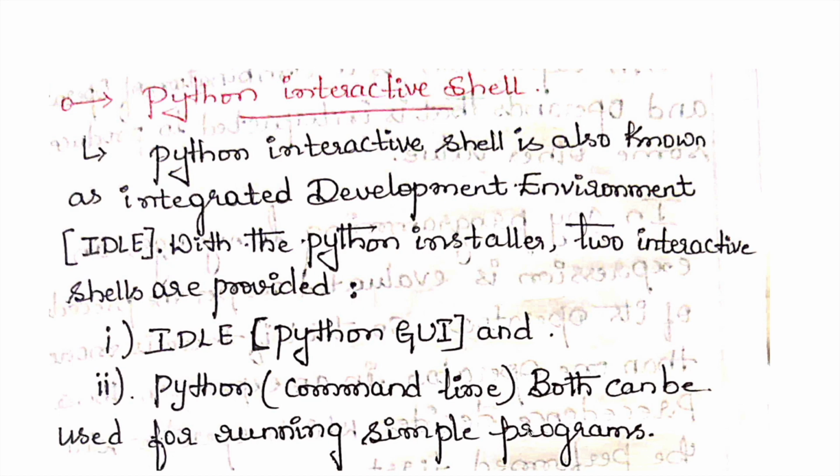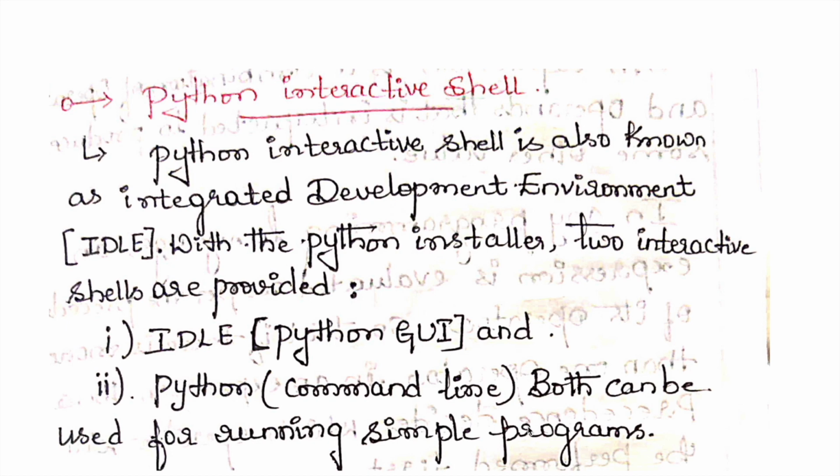When you install Python, IDLE will also get installed with the Python installer. It is a built-in integrated development environment. Integrated development environment means you can use this IDLE software to type your Python programs. In simple words, to type your Python programs, you can use this IDLE integrated development environment.